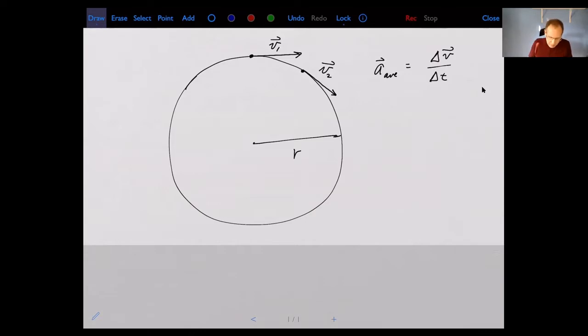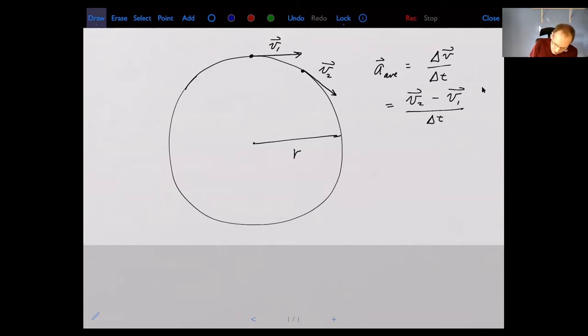Okay, so to figure this out, remember, I can write delta v as v final minus v initial. So in this case, I'll call it v2 minus v1, over delta t.